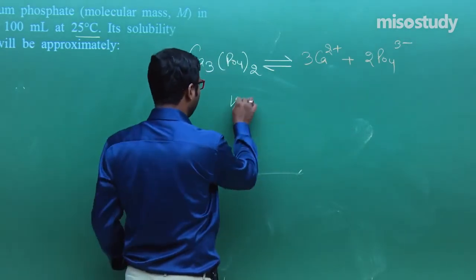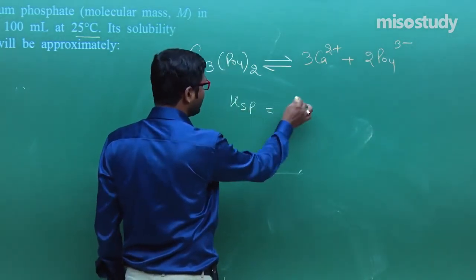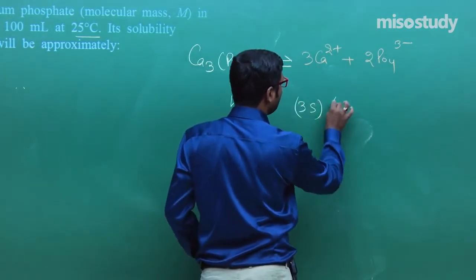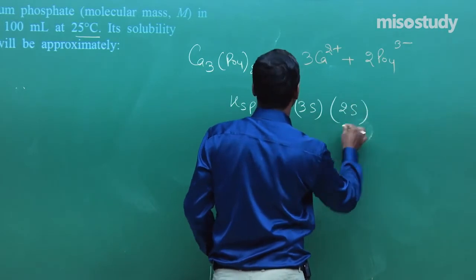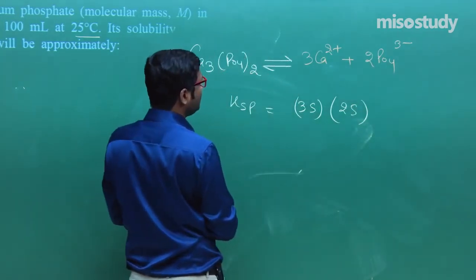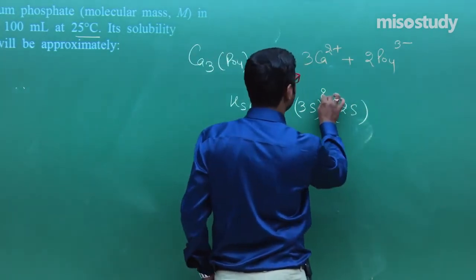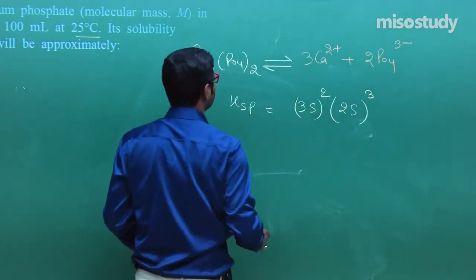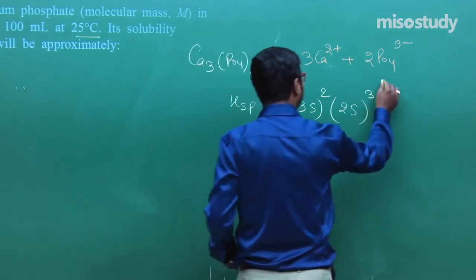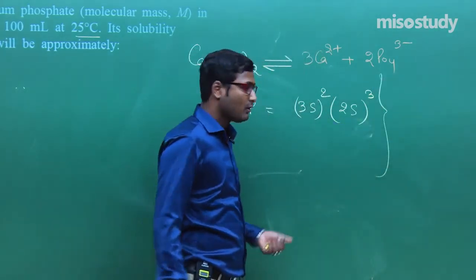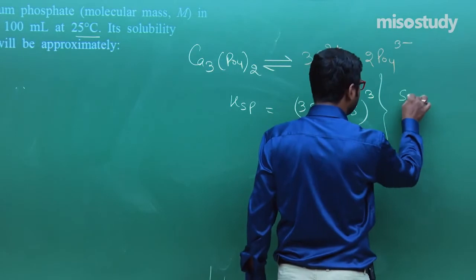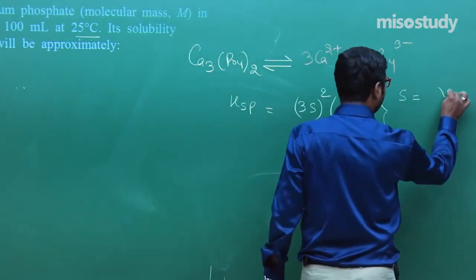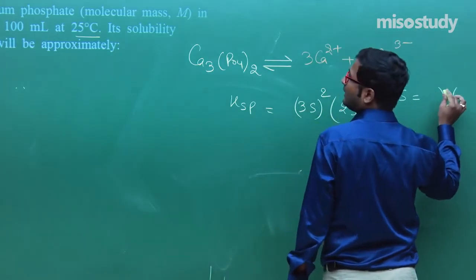Now what is the Ksp value here? Ksp is equal to 3S to the power 3 into 2S to the power 2. Clear to you? That is the value of Ksp. Now what is S here? That is the question. S is the concentration, given mass, that is V gram, V upon 100.